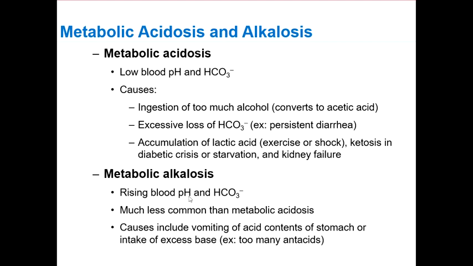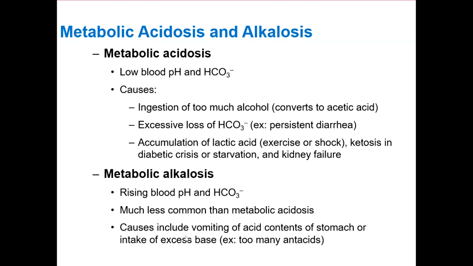While metabolic alkalosis is rising blood pH, getting alkaline or basic, with rising bicarbonate ion. This is less common than metabolic acidosis, and a cause would be vomiting, meaning we're losing acid from our stomach, and losing acid would mean rising pH because it's getting more basic. And of course, this vomiting would have to be without diarrhea, which would counteract it, or intake of too much base.